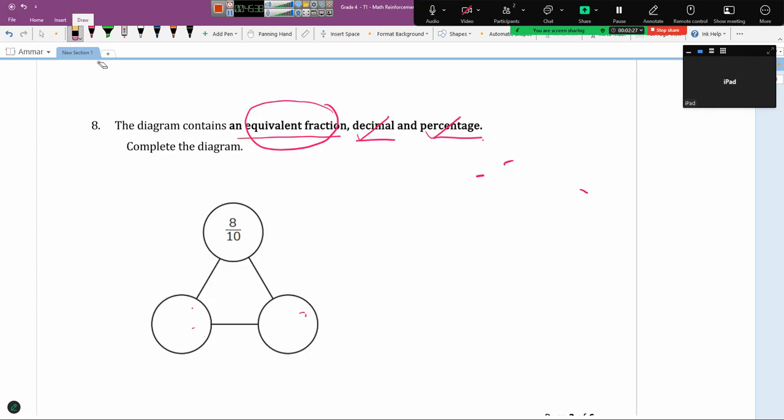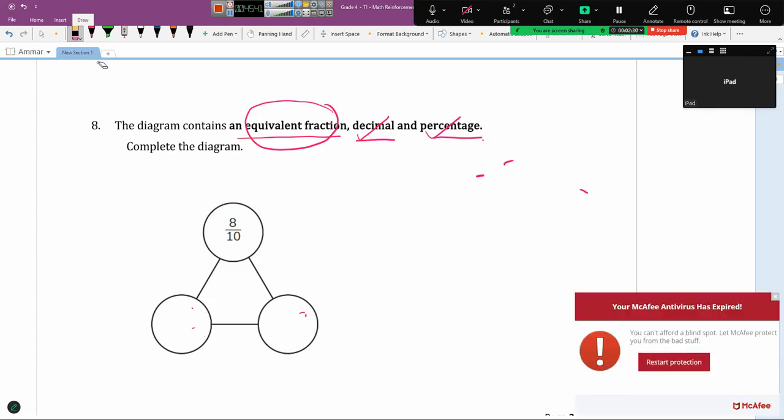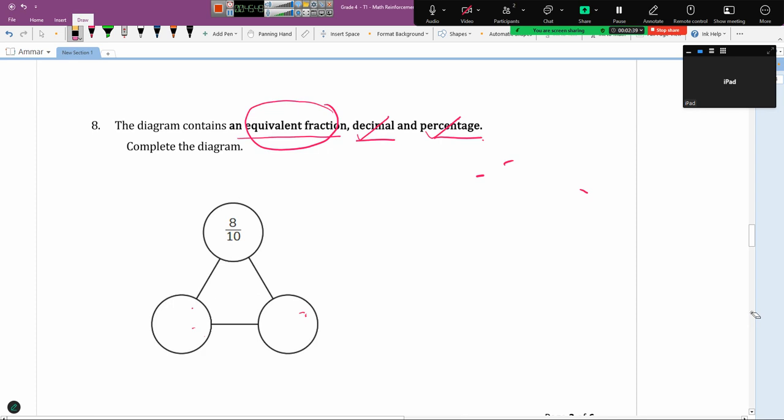So now in the diagram we have 3 circles. Only in one circle they have written a fraction, and in the remaining two circles we are supposed to write the decimal and the percentage, right? Now can you try to write down the decimal value and the percentage value of the given fraction? How can you write that?